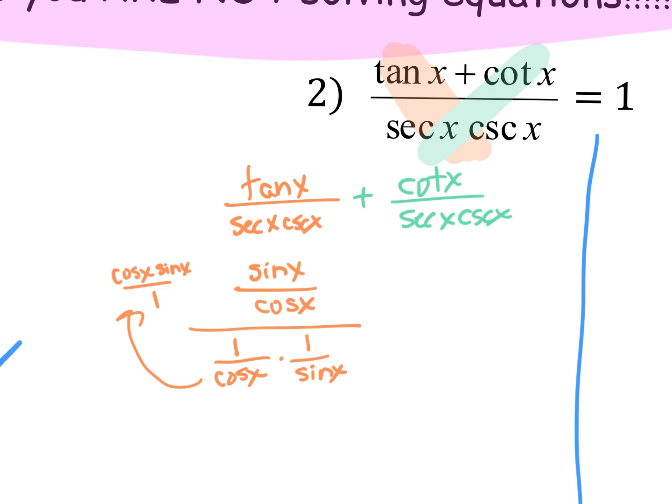And what do we notice? What happens here, guys? If we have cosine x sine x times sine x over cosine x, what happens there?